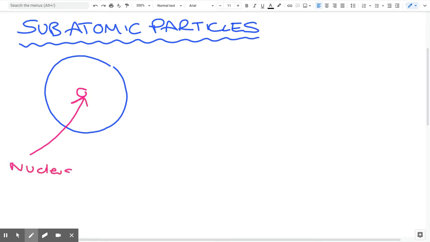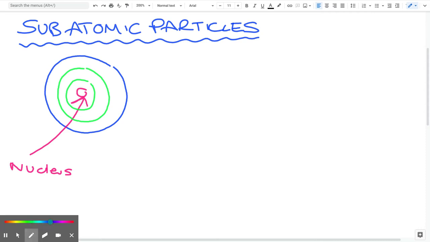And we now know that we have, via the plum pudding model and subsequently the nuclear model by Bohr, electronic orbitals, which are the places whereby the electrons can exist around the outside.